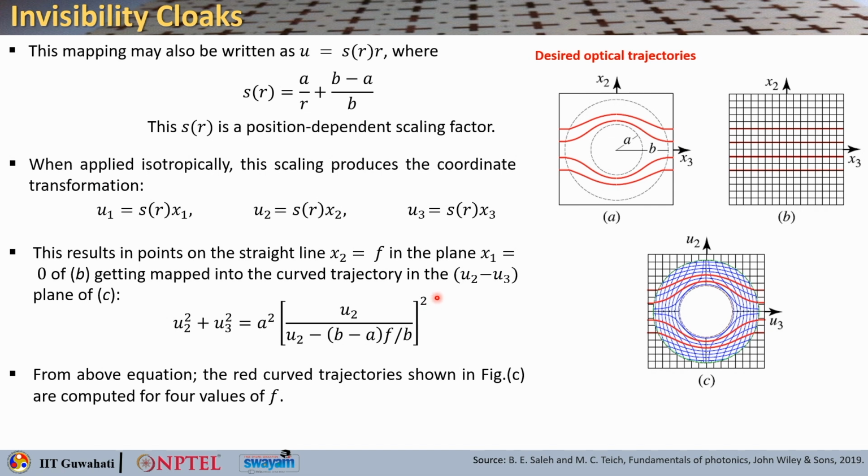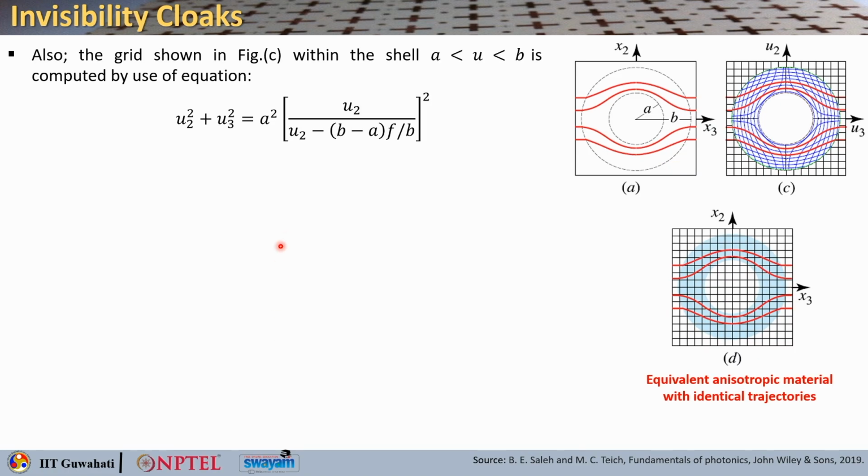From this equation you can see the red curved trajectories shown in this figure, calculated for four values of f. Also, the grid shown in figure C within this shell is computed using the equation, so the grid is no longer a rectangular grid.